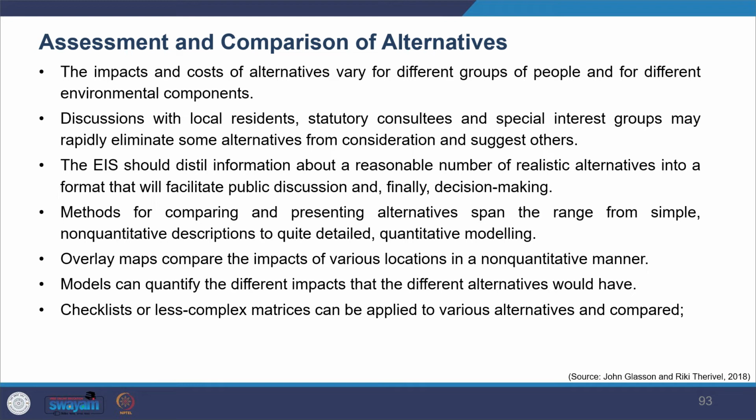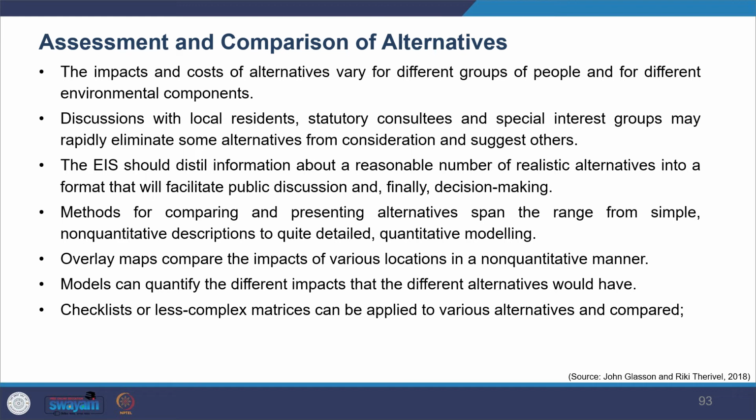You really need a reasonable number of realistic alternatives to undertake, because it's intensive work and that should support your decision making. There are methods for reviewing and comparing your alternatives, including methods for comparing and presenting alternatives.